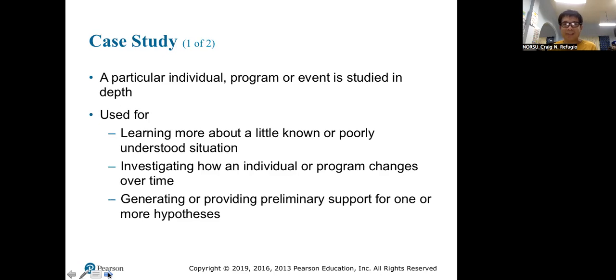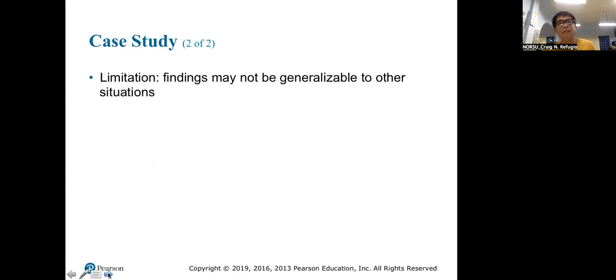The limitation: findings may not be generalizable to other situations because samples are very small, maybe just one, so we could not generalize that to a certain population. Most likely the results are true for that case, but it will give benchmark data for other kinds of populations.